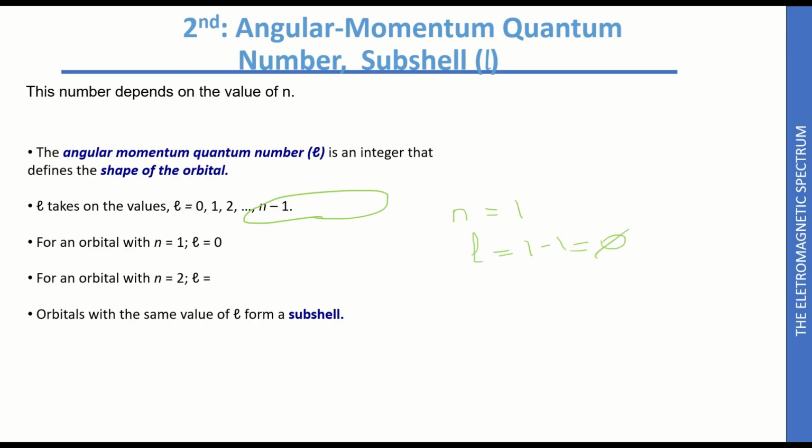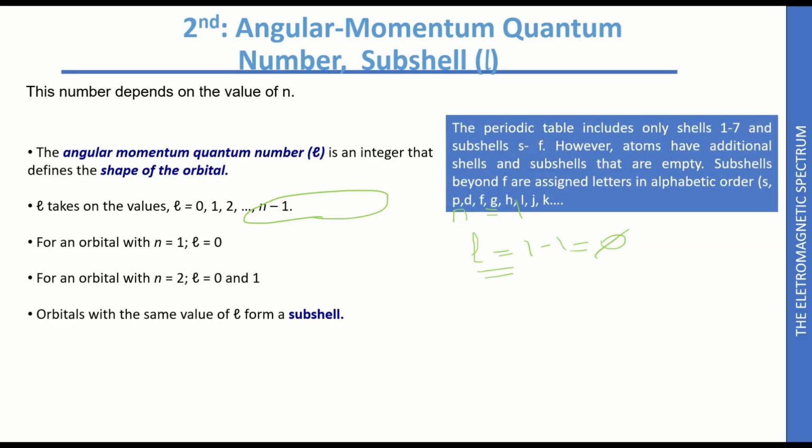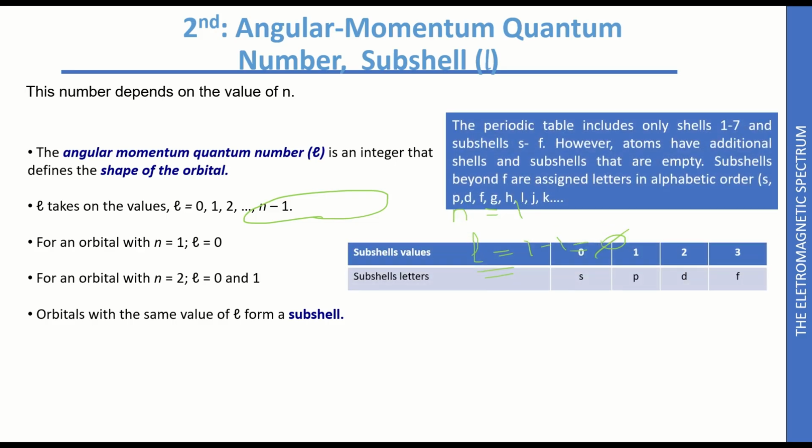So this is the only sublevel we can have. Okay, and for the sublevels we use letters as well. So they will be the letters s, p, d, and f.